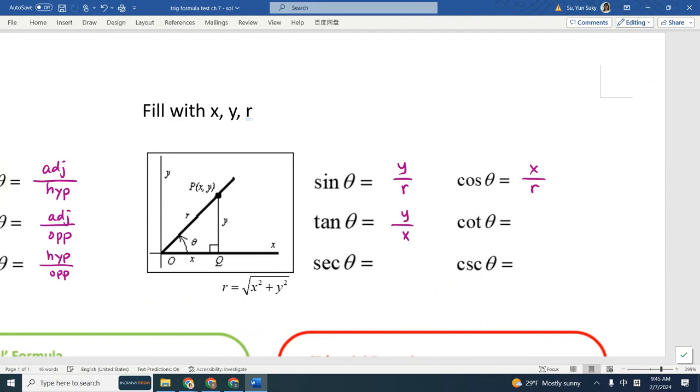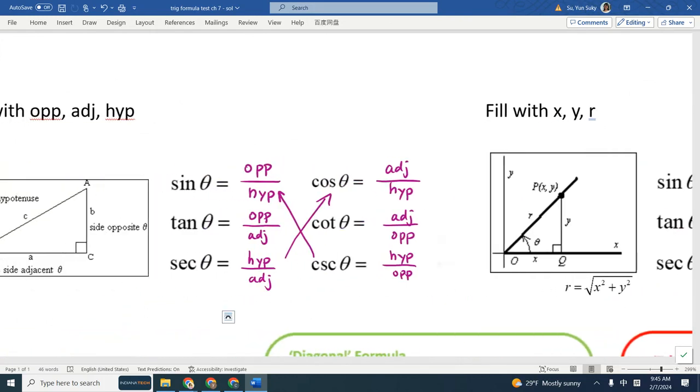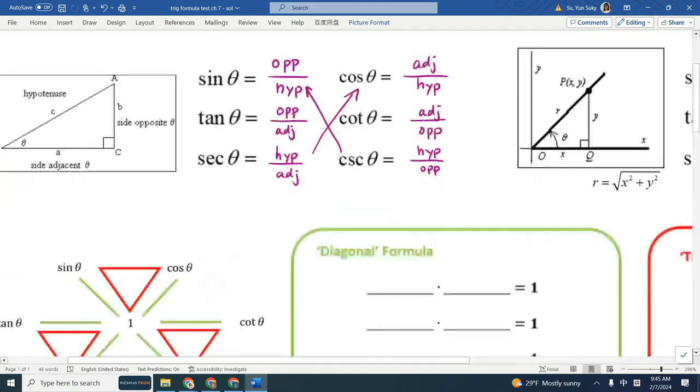Okay. Cotangent, Oscar: x over y. Secant, Kevin: r over x. And cosecant: r over y. Yes. Everybody finish that part? See, practice a lot until we get them.